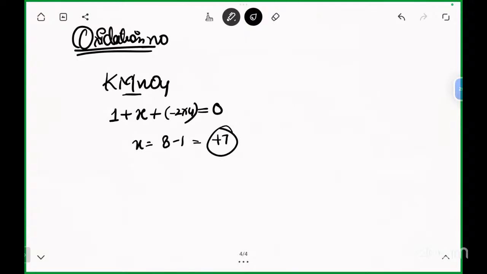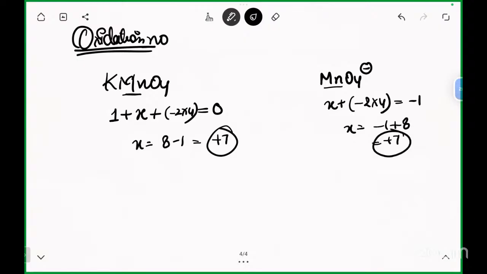Sometimes we have charges, for example MnO4 negative. So Mn is X, and you have to calculate it. Oxygen is -2 into 4, and whatever the charge is, you put the sum equal to -1. So X is equal to -1 plus 8, which is again plus 7. This is the way you calculate the oxidation number.